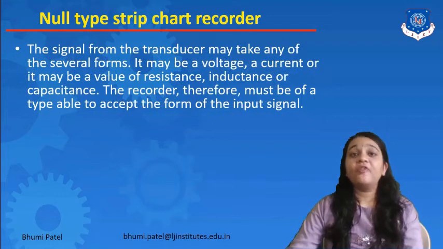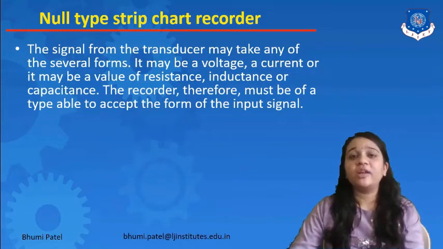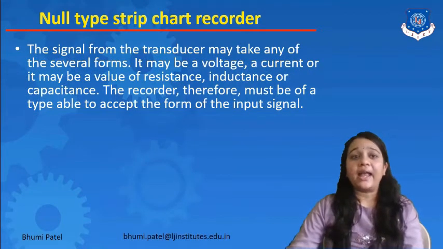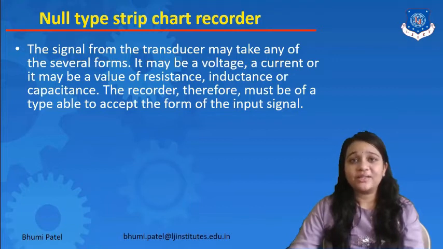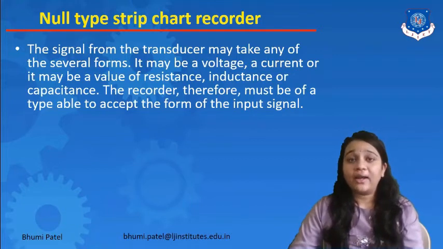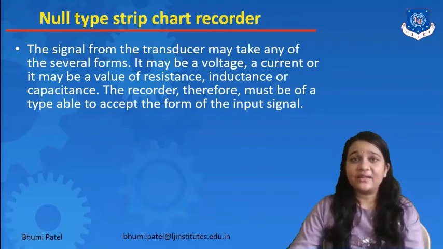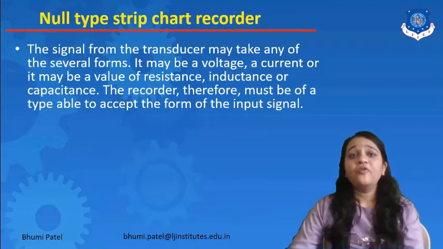The signal from the transducer, that means the feedback element, may take any of several forms. It may be a voltage, a current, or a value of resistance, inductance or capacitance. We can also connect a sensor like a temperature sensor, flow sensor or pressure sensor. So the form of the transducer is different.